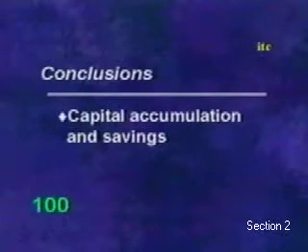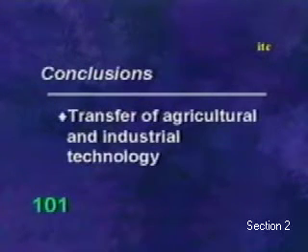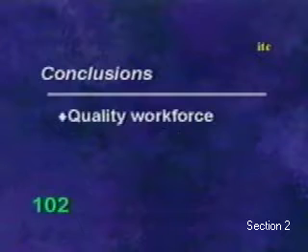The lessons learned from various projects indicate that rapid economic development can be attained by taking a balanced approach to the following 8 policy considerations. Number 1, a high rate of capital accumulation and saving. Number 2, successful transfer of agricultural and industrial technology. Number 3, a quality workforce.